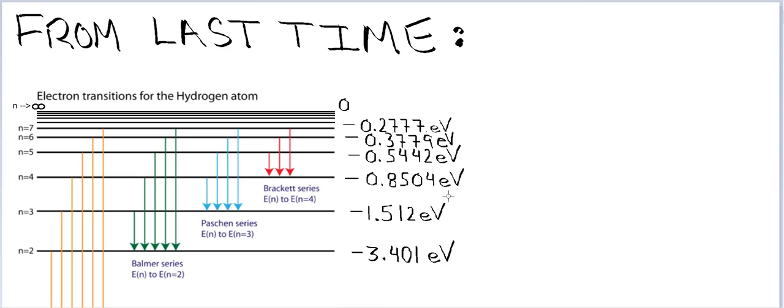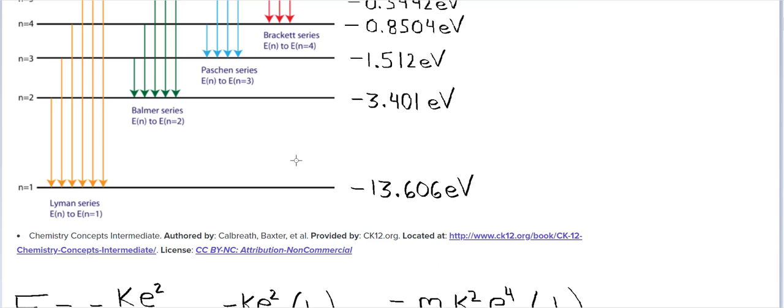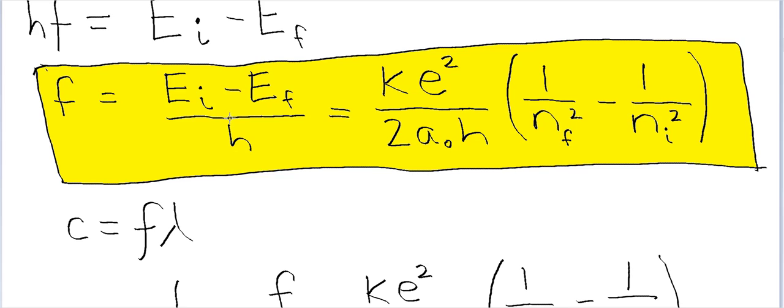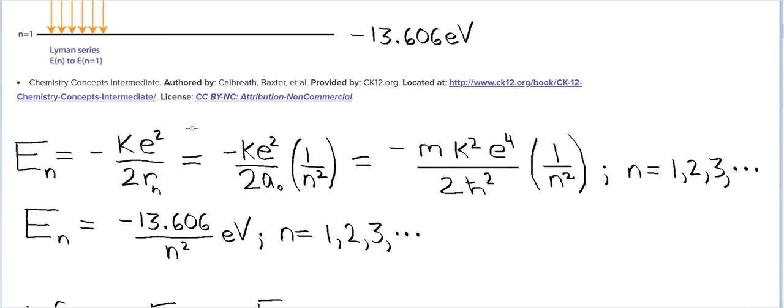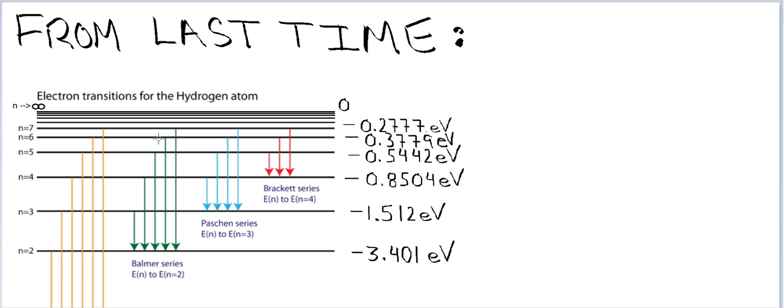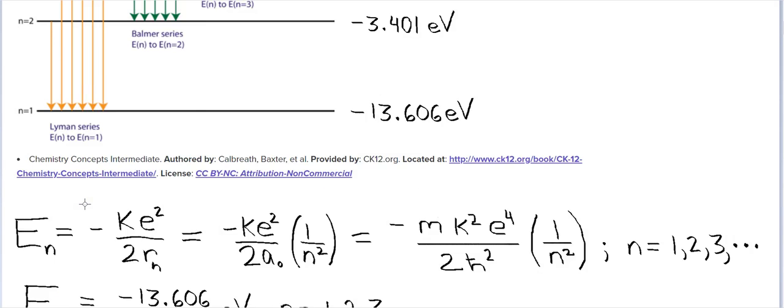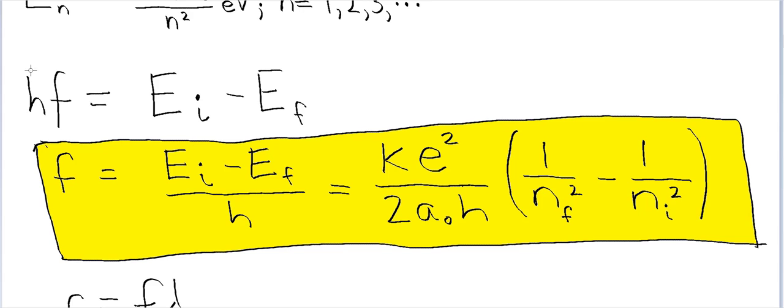We can use this to rederive the Lyman, Balmer, Paschen and Brackett series by saying that the transition from a higher state to a lower state emits electromagnetic radiation, and the energy of that photon has to be the difference between those two energy levels.